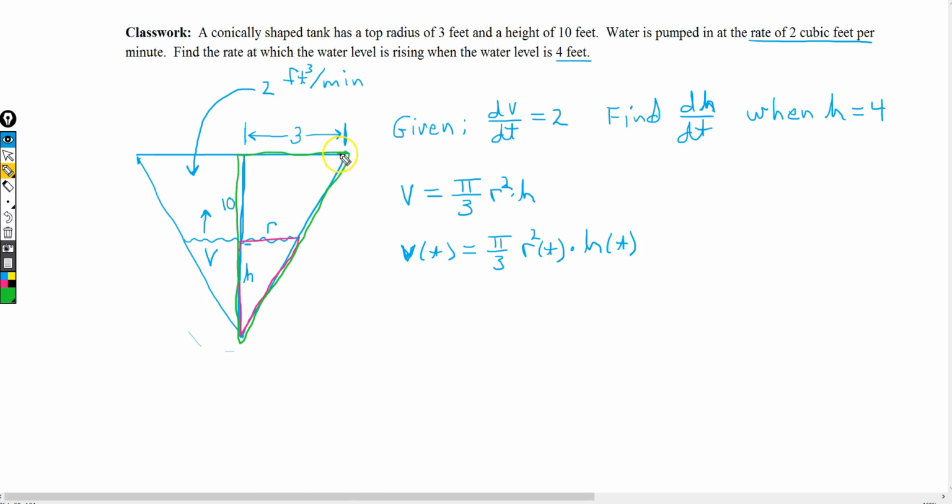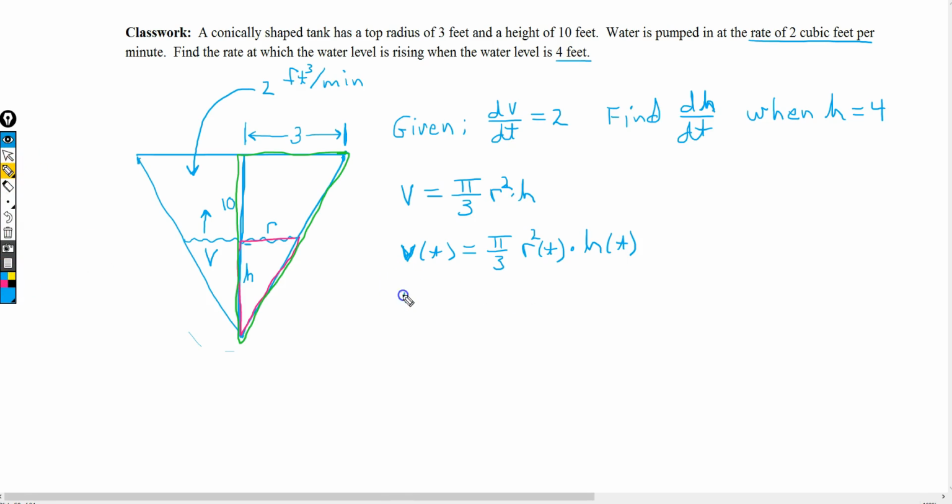Now the larger triangle has a height of 10, an upper distance of 3, and the smaller triangle has a height h, and the distance along this base of the triangle is r, and so we have this relationship then.